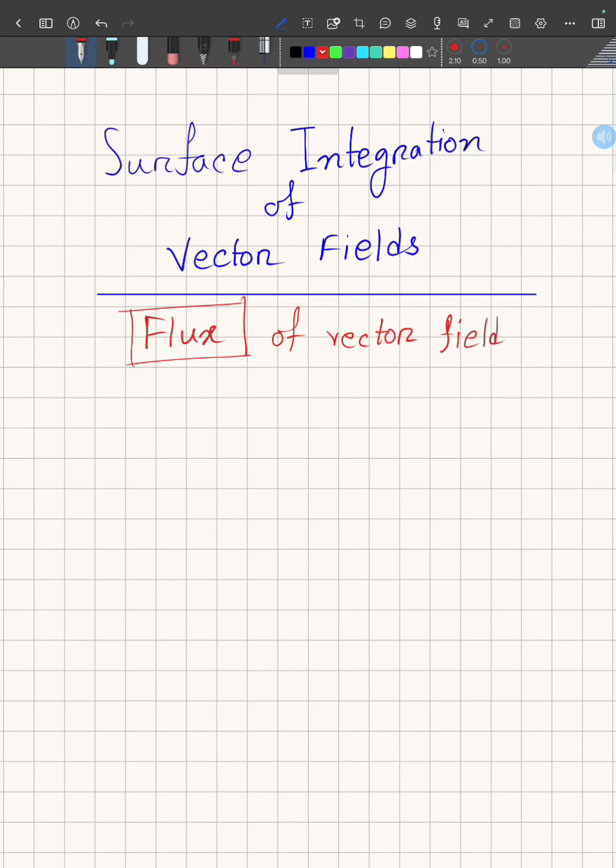So flux basically means how much of a vector field passes through a surface. Let's consider this a surface.